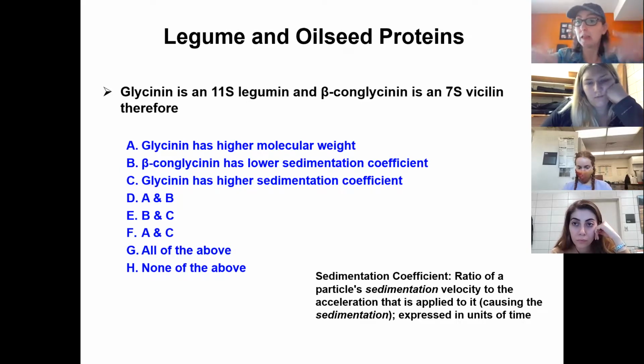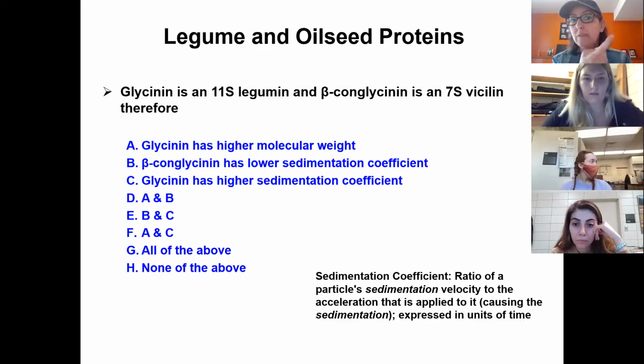So it precipitates at higher speed than a smaller molecule or polymer. So 11S means that the legumin is a bigger polymer, so it would fall down at a larger speed at a particular gravitational force.